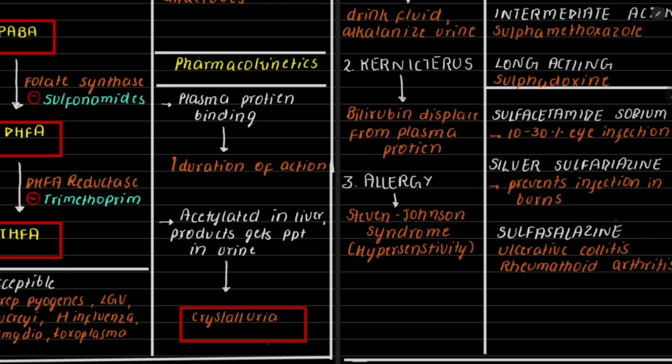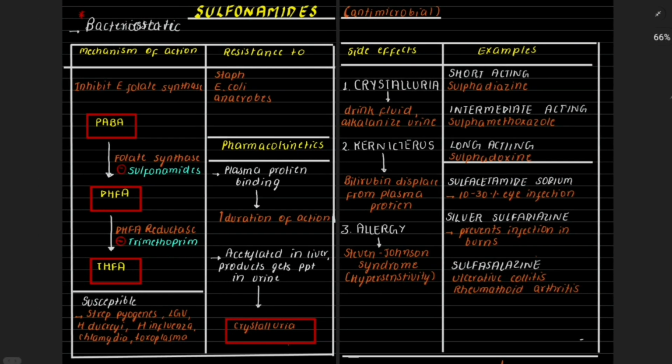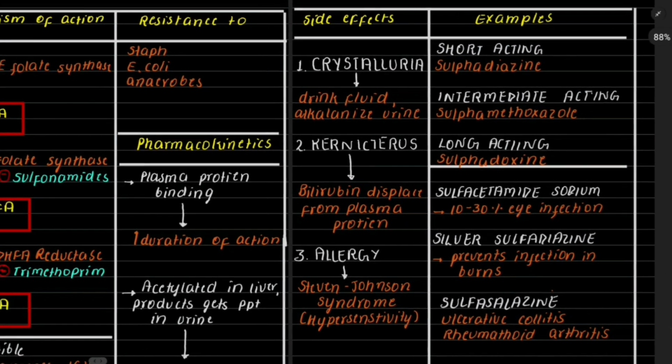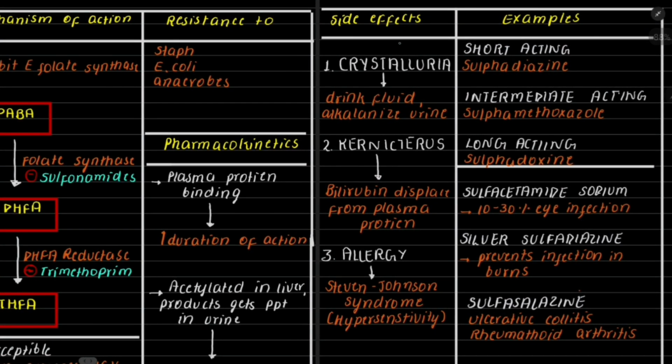Now, sulfonamides get acetylated in the liver and their products get precipitated in urine. This leads to crystalluria, which is a significant side effect of sulfonamides. We'll learn about it more in the consequent section, that is side effects. We have 3 most important side effects under sulfonamides.